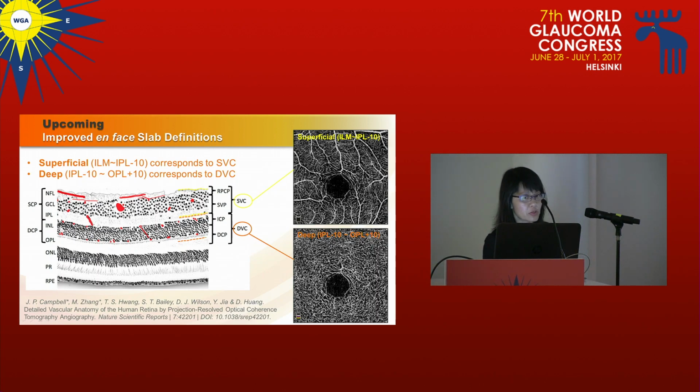For the superficial, we will go from ILM to IPL, slightly shifted anteriorly by 10 microns, which corresponds to the superficial vascular complex, SVC, as described here. And for the deep, we will combine the so-called intermediate and deep vascular complex, DVC, as deep from IPL to OPL, slightly posterior to OPL, as shown in this slide.